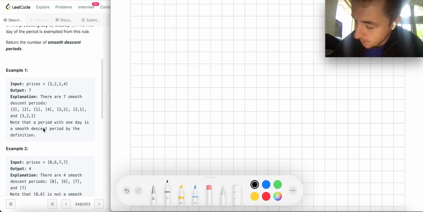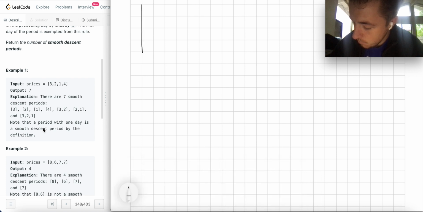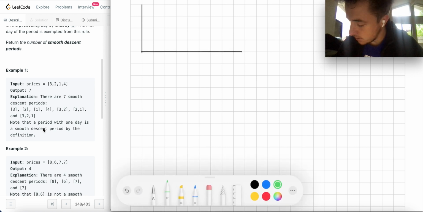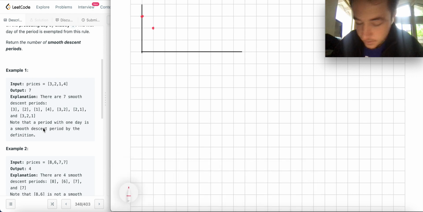All right, so we have this stock chart. We have a few days of price action. This stock starts out at price 3 on day 0. I guess I'll call it day 0. They call it day 1, but that's fine. And then it becomes price 2, and then it's price 1.